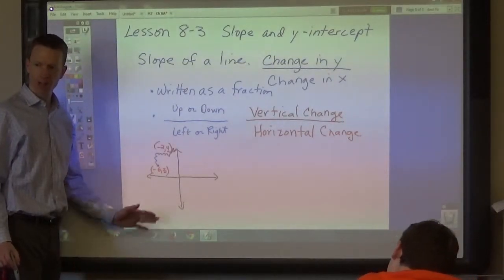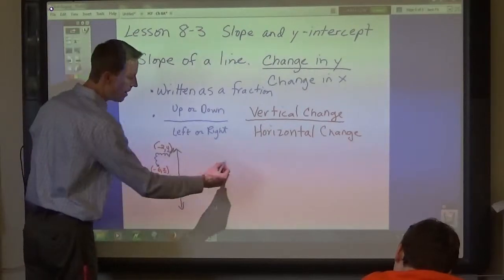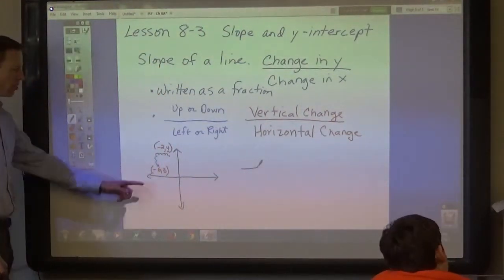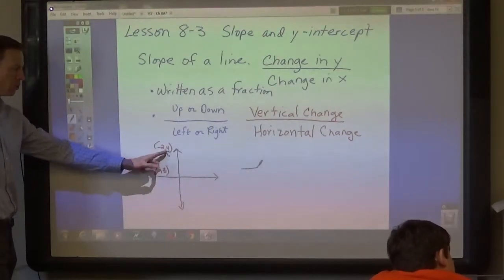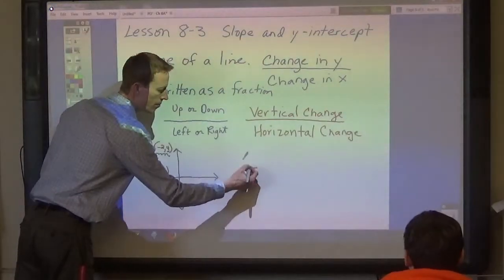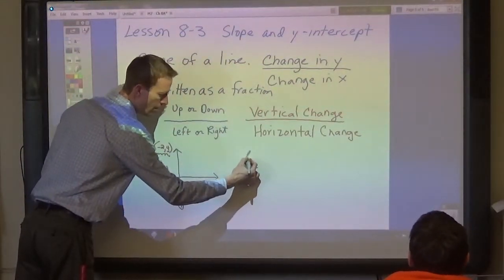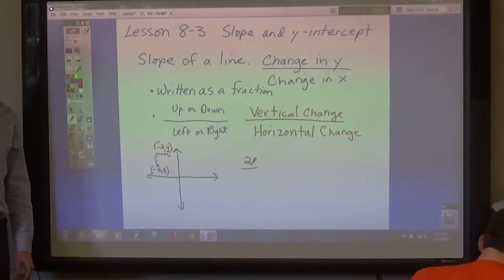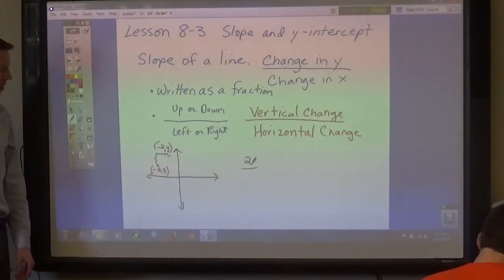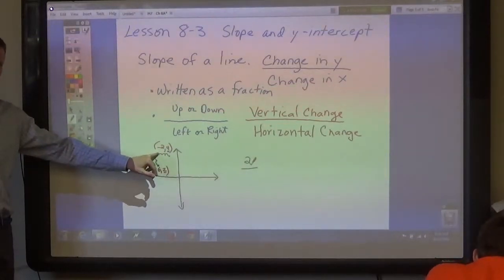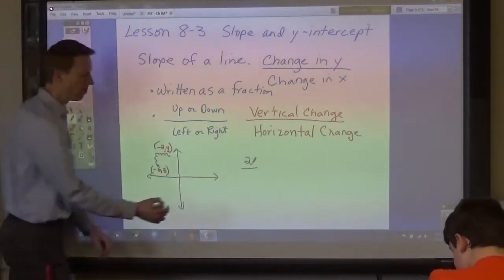Right? If we were counting that. So what is the vertical change? The vertical change was from 2 to 4, right? That's a vertical change of 2. And what was the horizontal change when we counted? 1, 2, 3, 4.